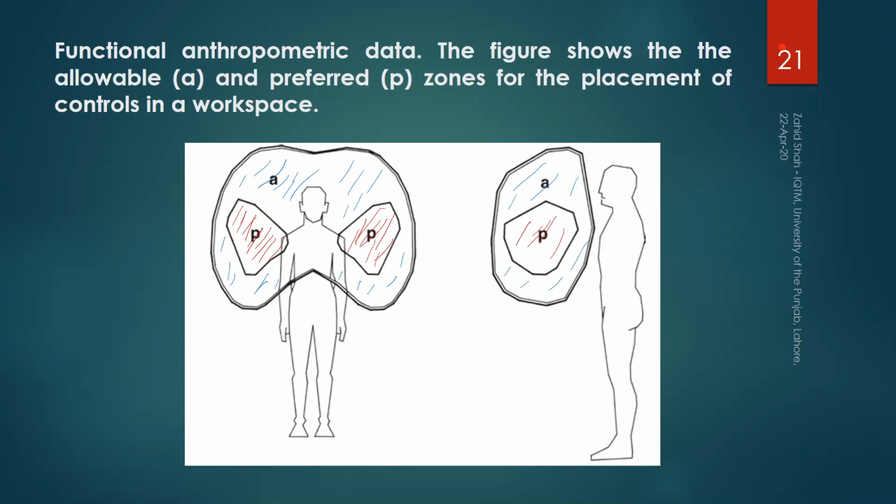So again, P is the preferred zone. Preferably the controls or the tool should be placed in this area. Here the size is not shown, but in the table for different populations, the sizes can be found as well. The area of the zone can be found as well. And A is allowed. That is the maximum range in which this person can move his hands.